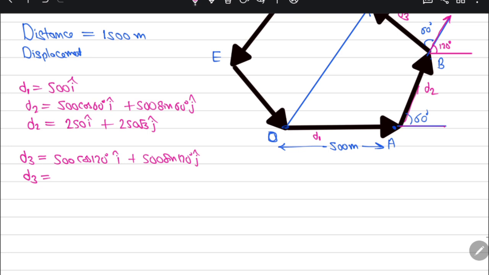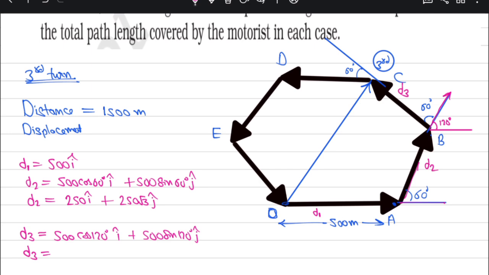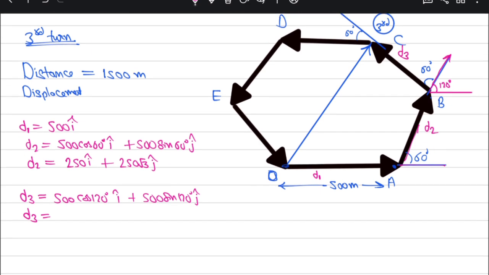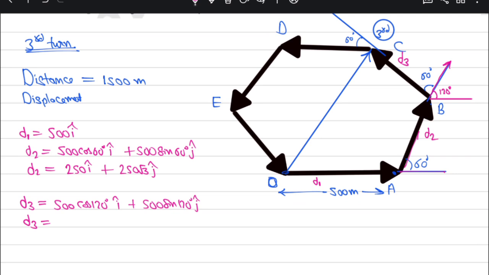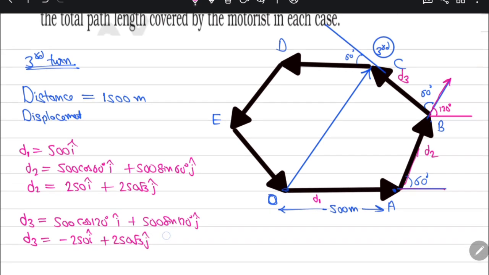They take every 60-degree turn. Cos 120 means cos of 90 plus 30, which is minus sin 30, so minus 250 i cap. And sin 120 means sin of 90 plus 30, which is cos 30, so 250 root 3 j cap.